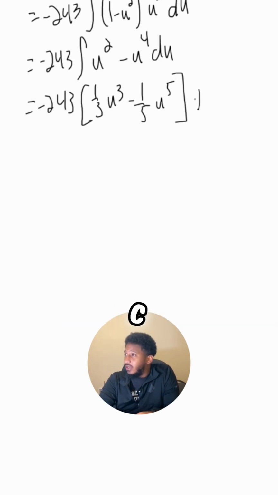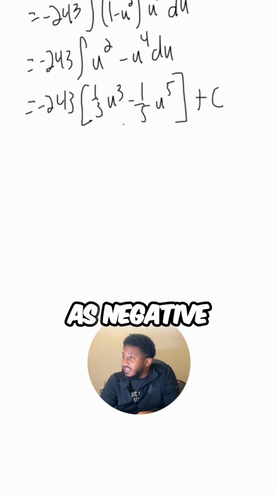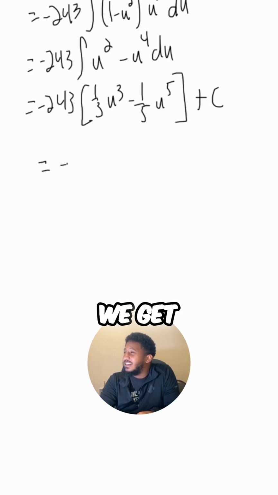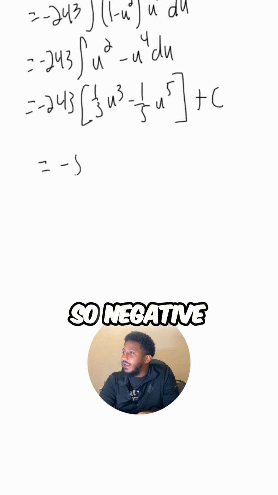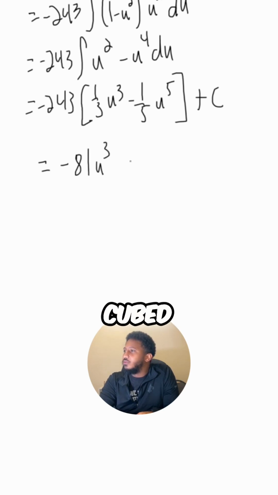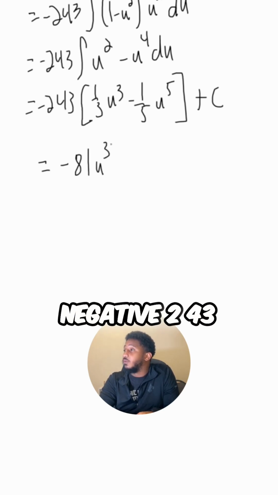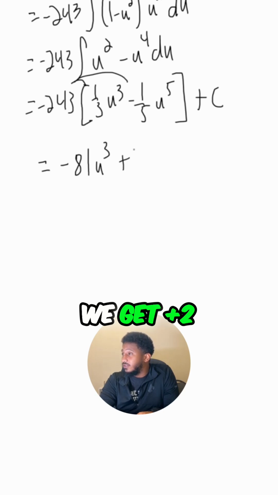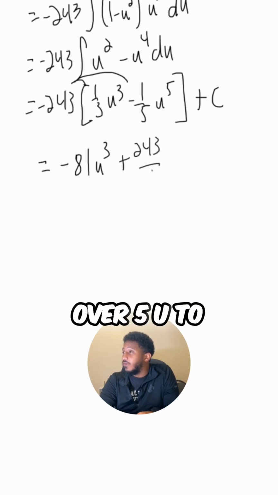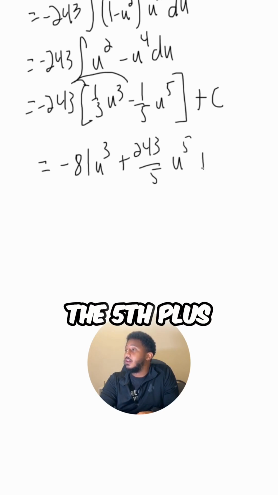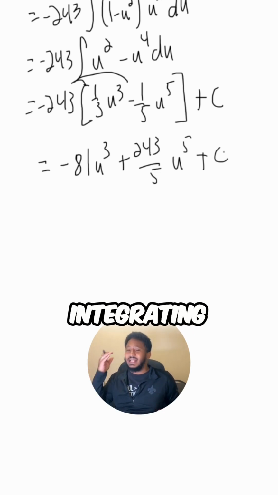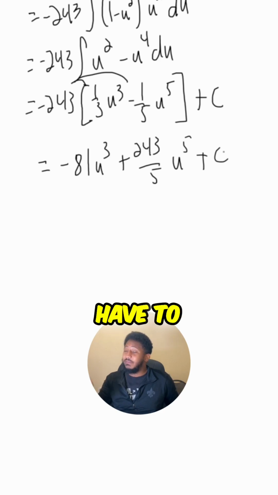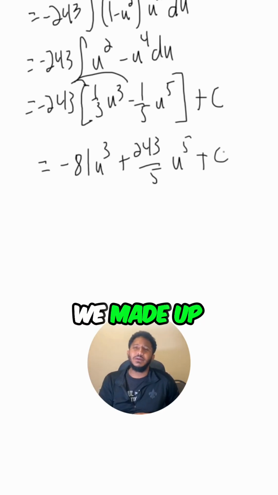Distributing the negative 243, we get negative 243 over 3 is 81, so negative 81 u cubed, plus 243 over 5 u to the fifth, plus c. But again, that's not our end. We're done integrating, kind of, except we made up that u stuff.